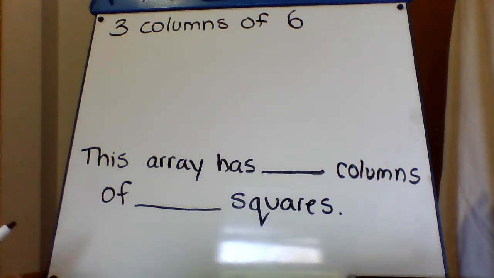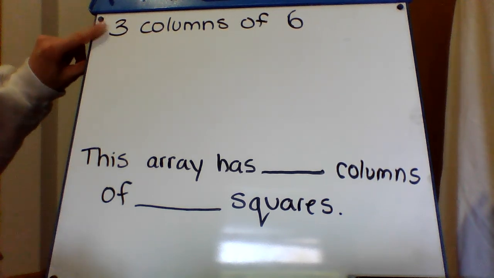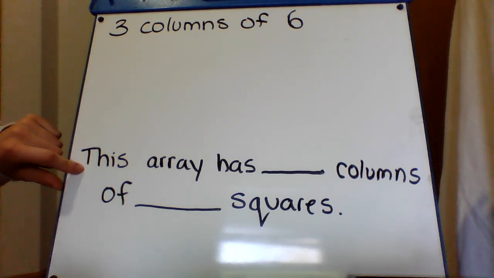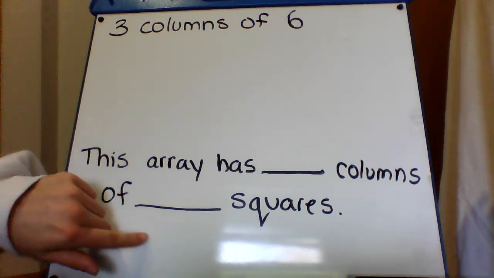And remember your repeated addition sentence. So you're going to draw 3 columns of 6 first. Then you're going to answer. This array has blank columns of blank squares.